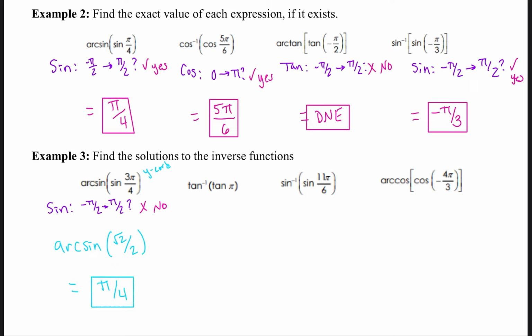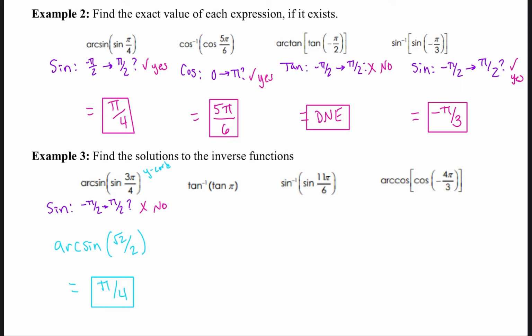Again, at pi over 4 on the unit circle, we get square root of 2 over 2, and at 3 pi over 4 on the unit circle, we also get square root of 2 over 2. They have the exact same answer. But with inverses, we restrict sine to only quadrants 1 and 4, which cuts off the 3 pi over 4. So the only solution that ends up working is the pi over 4 solution. So be mindful as you work through these that you have to think about your restrictions.